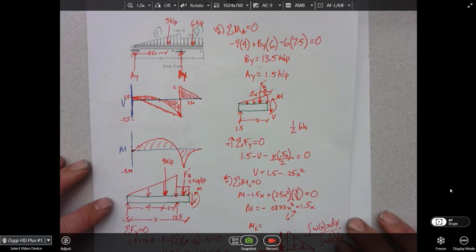The By is 13.5 kip. And we had a total of 15 there, so that means that Ay is going to be 1.5 kip. Okay?